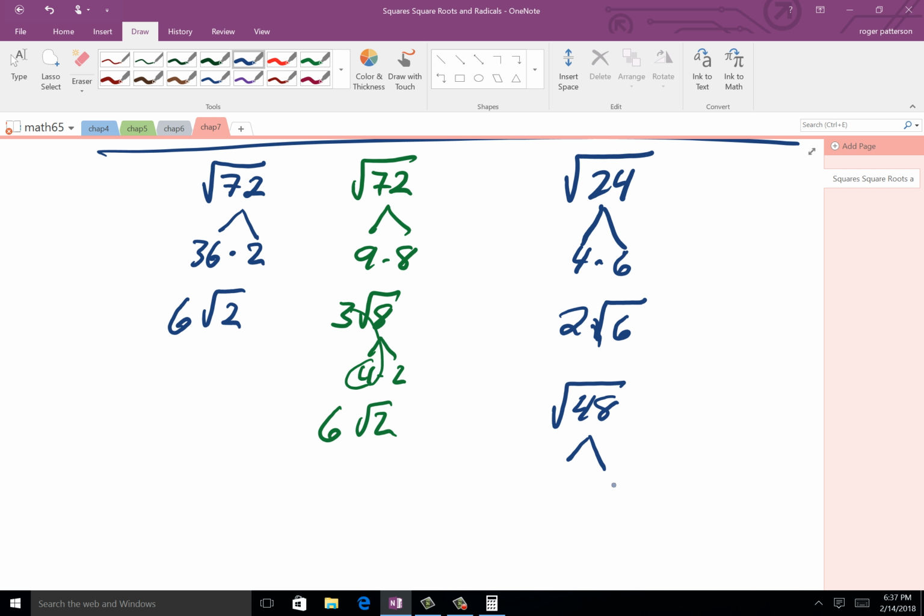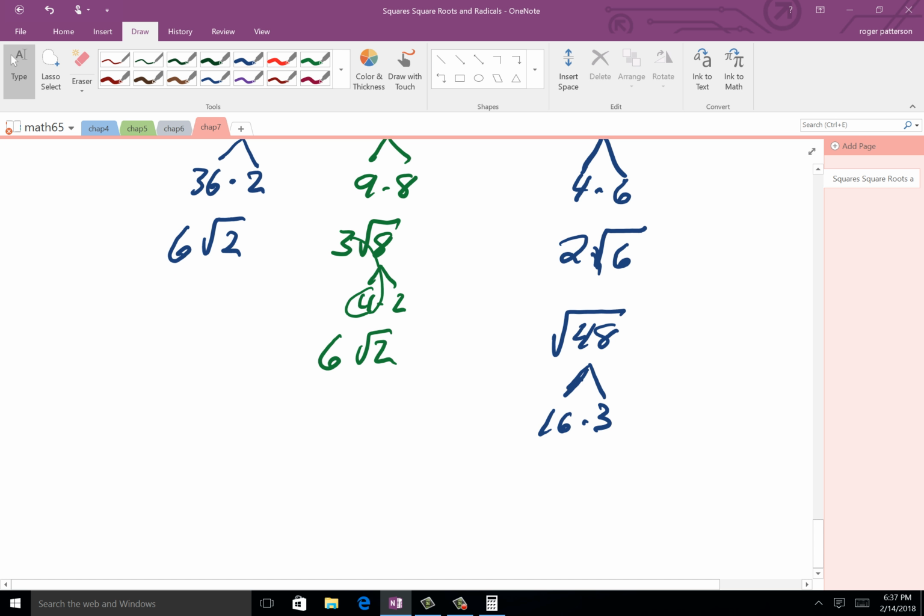What's the largest perfect square that goes into 48? 16, good job. How many times does it go in there? Close. 3. Okay? So what's the answer going to be? 4 square roots of 3. Yep. Okay? 4 square roots of 3.